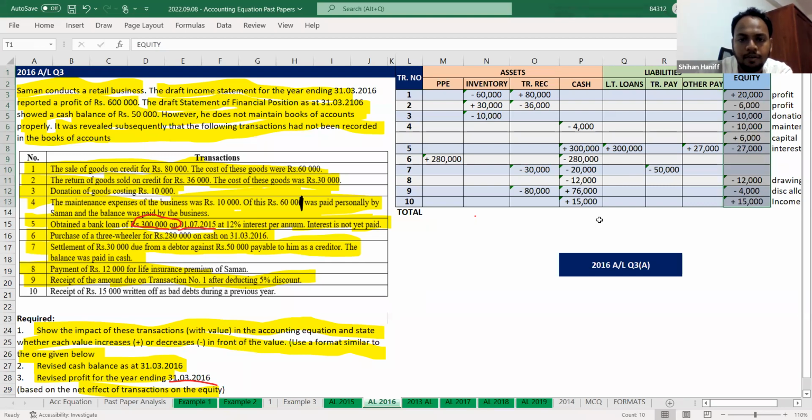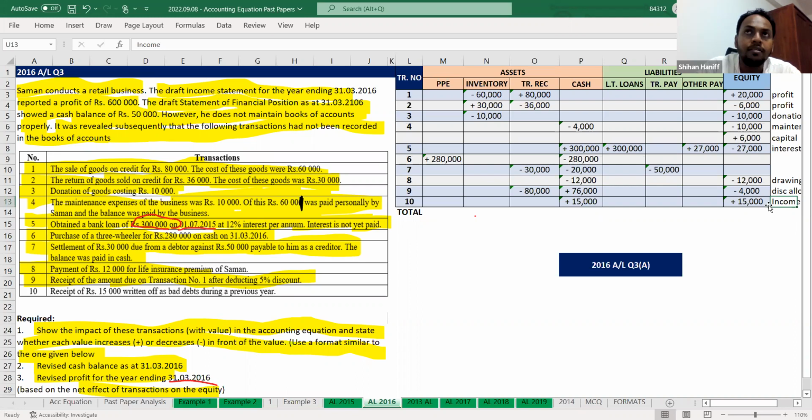Then there is another question. Why is the last one considered as income? Because now already we have written off as bad debt. Bad debt is an expense, right? But if a bad debt is recovered, if the debtor, after writing off, comes and pays you the bad debt, we can't add it back to the debtors and receive the money, right?